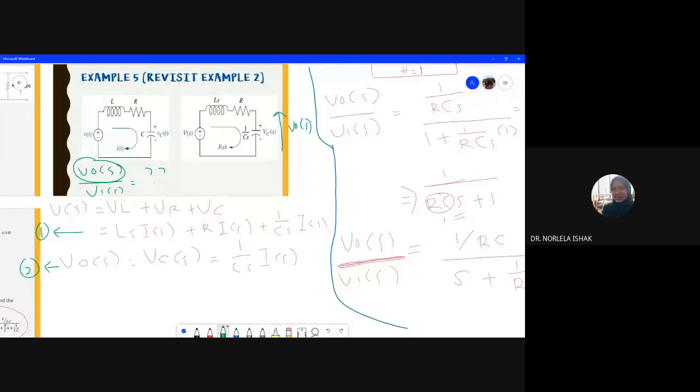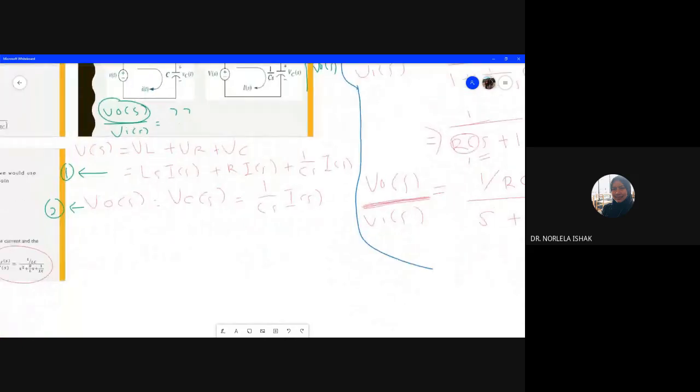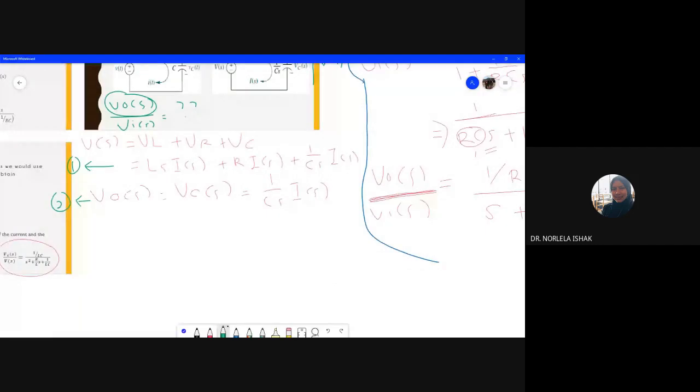Okay, good. Now we have 2 equations, so we finished writing 2 equations related to that system. From there you have to rearrange equation 1 and equation 2 based on output equal to gain multiplied with the input. Still remember, output equal to gain multiplied with the input.